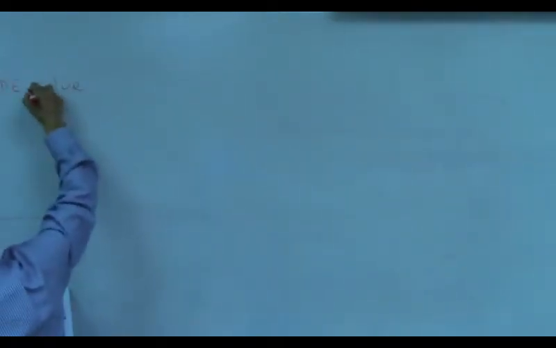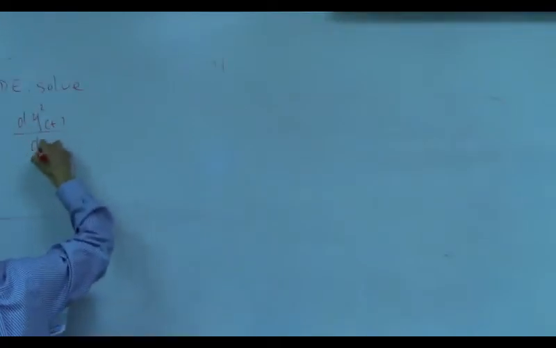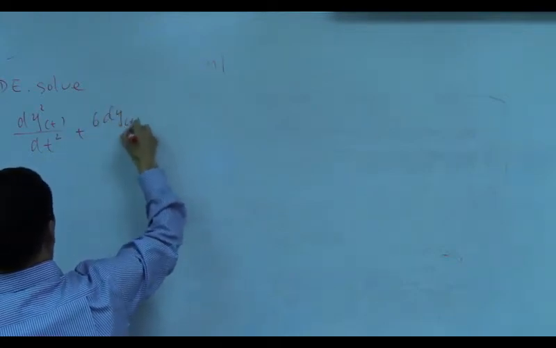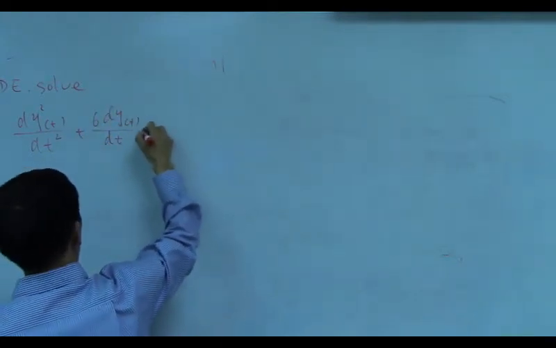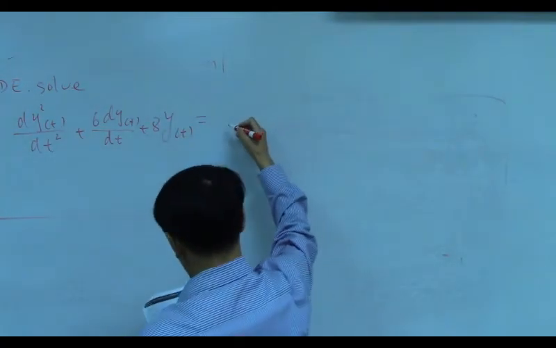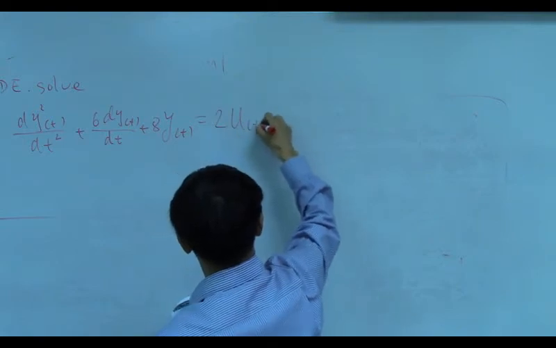and we want to solve this: d²y(t)/dt² + 6 dy(t)/dt + 8 y(t) = 2u(t), where y is the output.